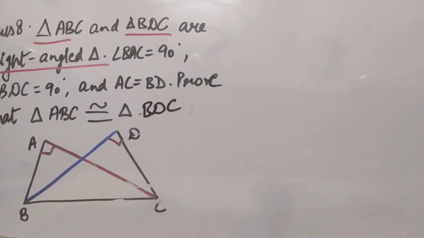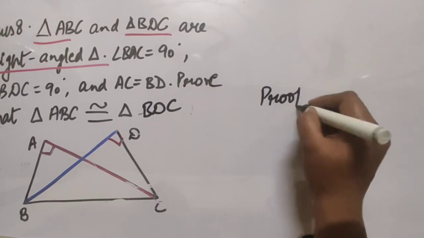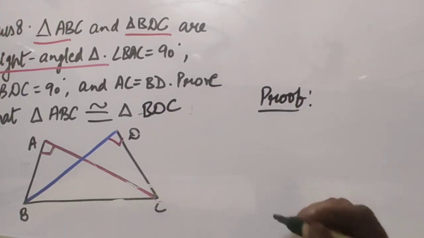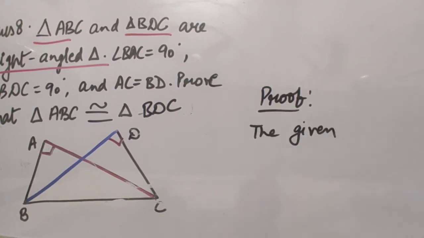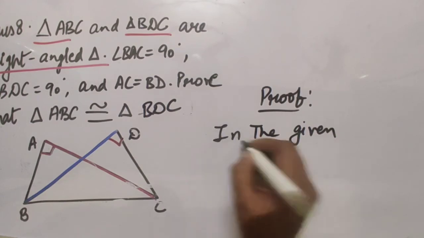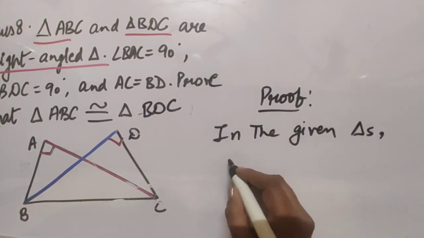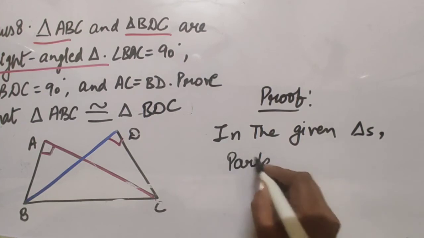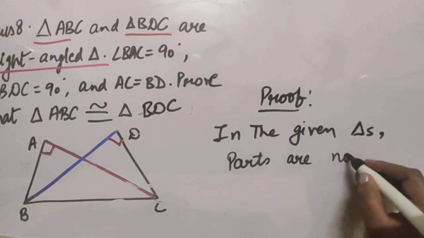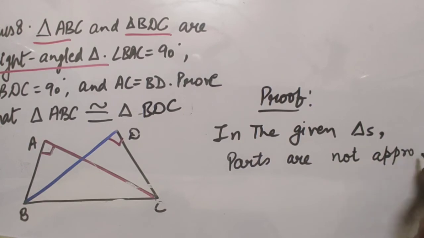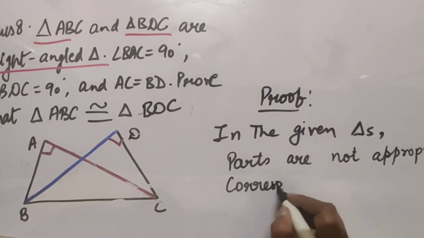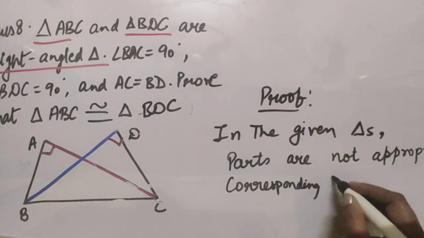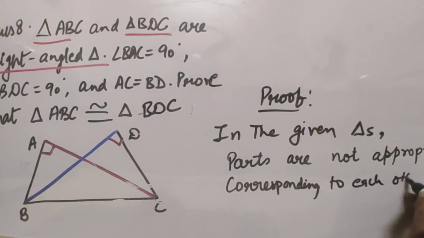What we will write when we are going to prove it is simply that in the given triangle, the parts are not appropriately corresponding to each other.